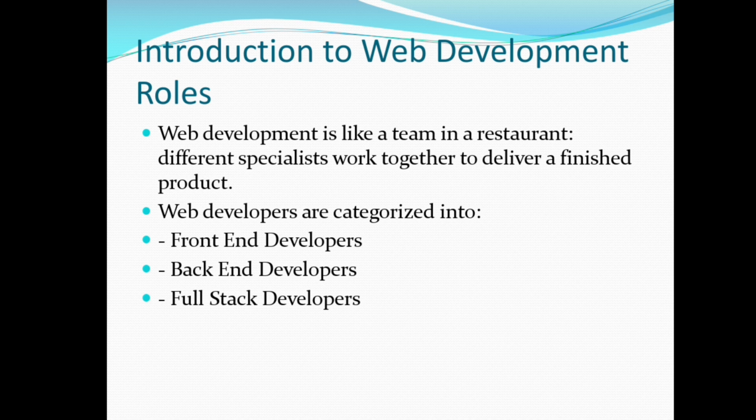Here the serving team comes under front end development, the cooking team comes under back end development, whereas the cleaning team is like full stack. If you take an example, the cleaning team involves serve plus clean, both. They'll do both works, right? So in the same way, full stack involves both front and back end.